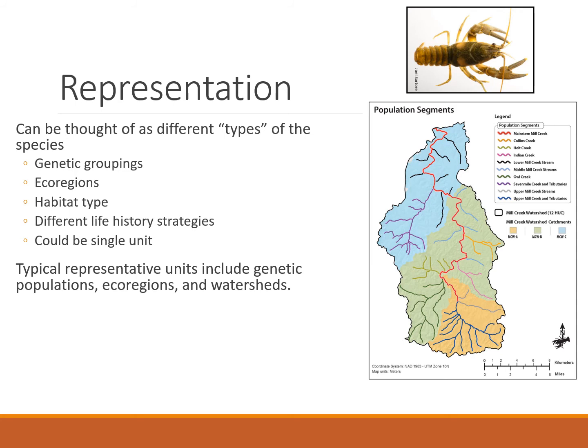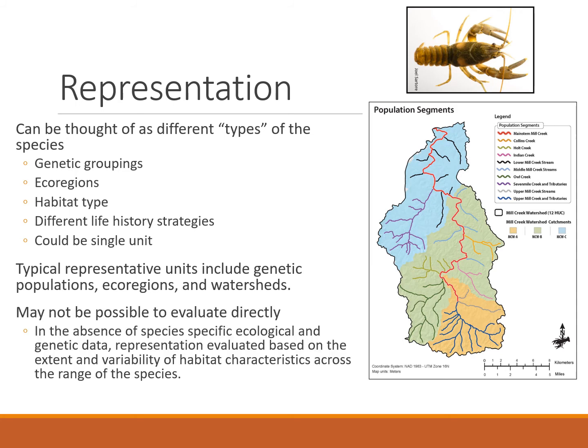It's kind of the bigger concept of using the habitat. And that's used a lot of times when we can't evaluate any representation directly. So this is when we don't have any specific ecological or genetic data or behavioral data on the species. So we have to base our representative units on the extent and variability of habitat characteristics across the range of the species.